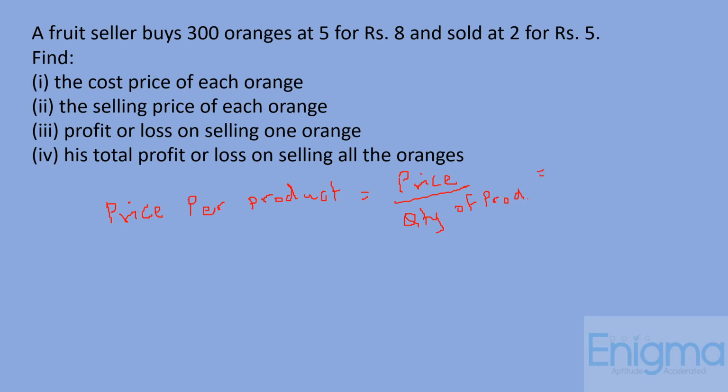Okay. So now we want to find out the cost price here. He is buying 5 oranges at rupees 8. That means what is the price of one orange? 8 by 5, correct. So 8 by 5 is nothing but I can write it down as 1.6. Everyone agrees? 8 by 5 correct आ गया. So cost price आपका आ गया 1.6. What is the selling price?